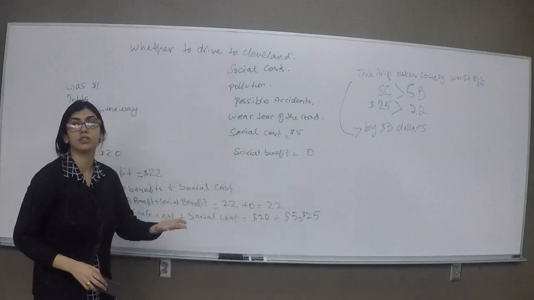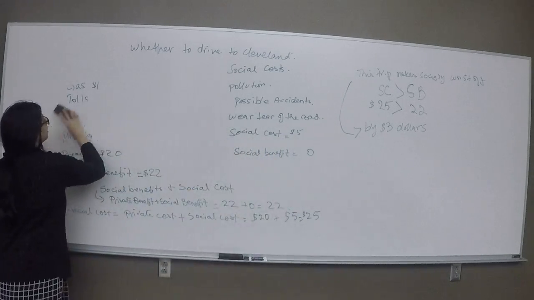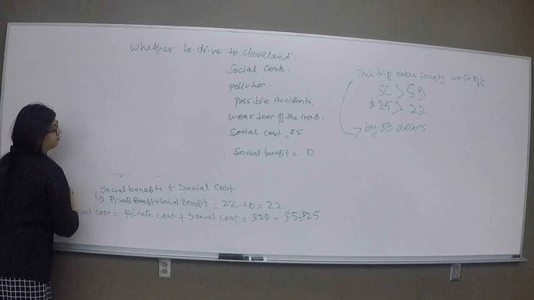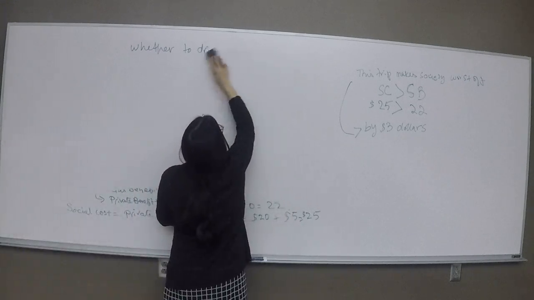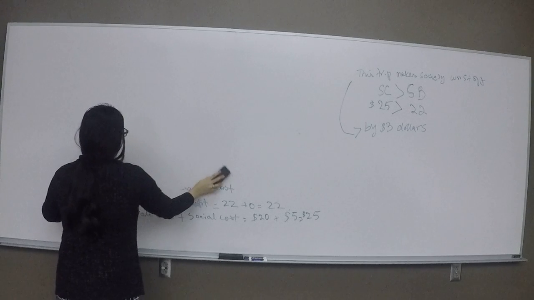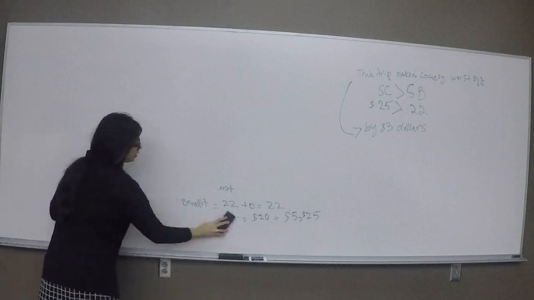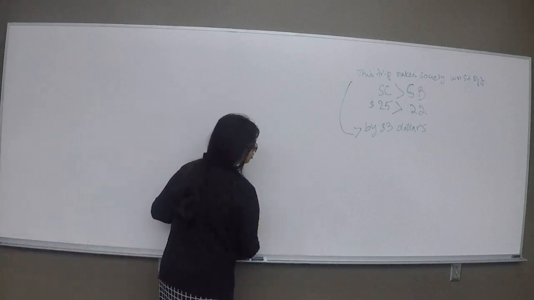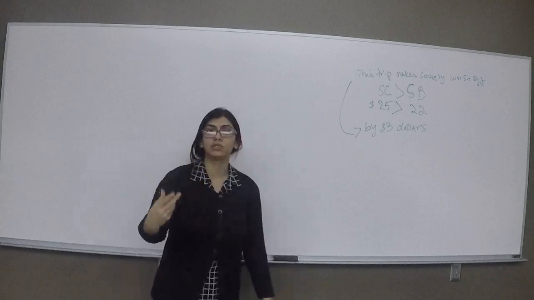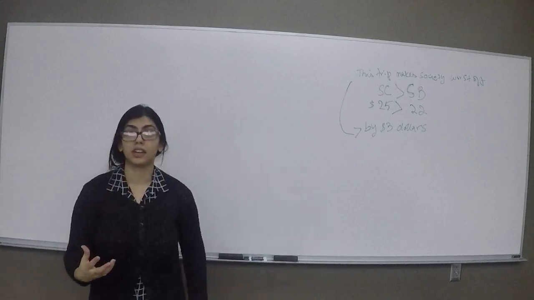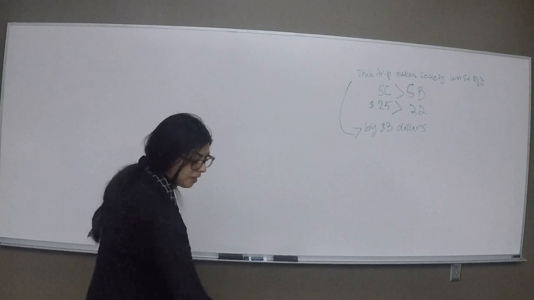By putting a tax on it, right? Once they figure out approximately how much society is worse off, they try to put that amount of tax on the transaction.